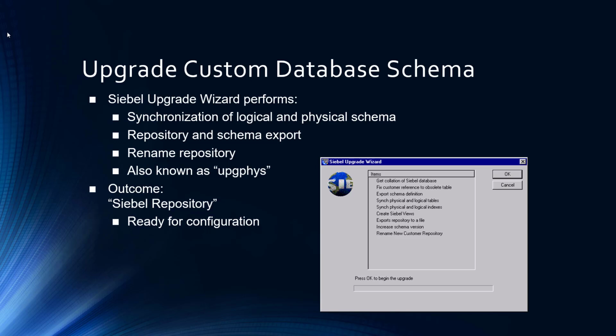Then you can run what is known as the UPG FIS, the physical schema upgrade, which is a series of steps, much faster than the first step, where the Siebel Upgrade Wizard synchronizes the logical and physical schema again, exports the repository and schema for use in a test or production environment, and renames the repository to finally Siebel Repository, which is the outcome of this step.